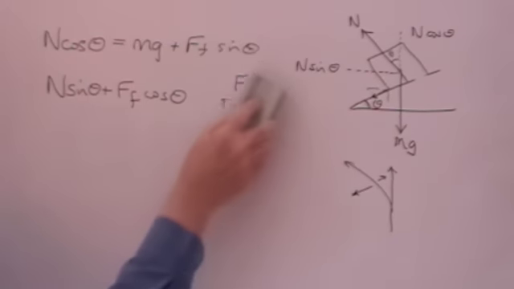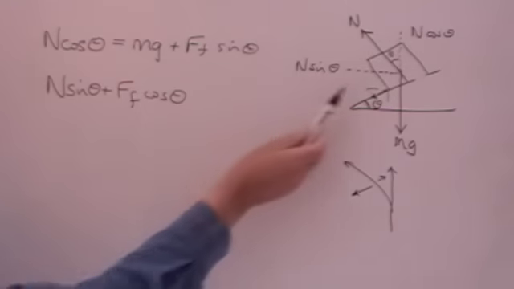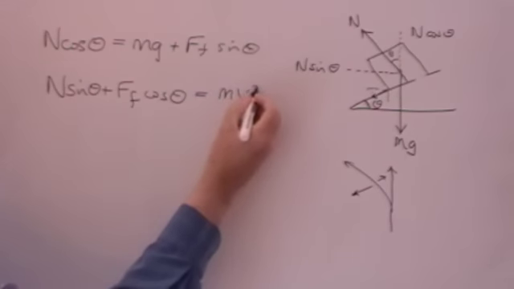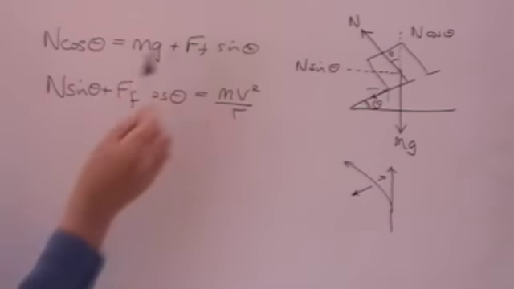So now I can get rid of those terms there. I've used those. This combination of these two forces is going to provide the centripetal force, mv squared over r. I'm going to solve for m in this formula here.